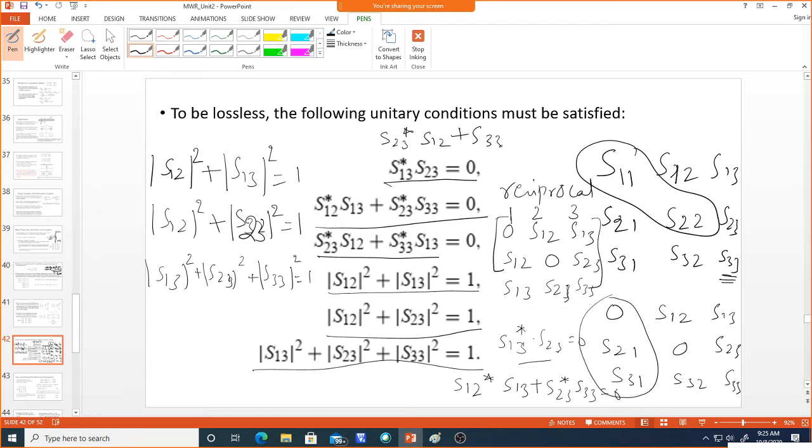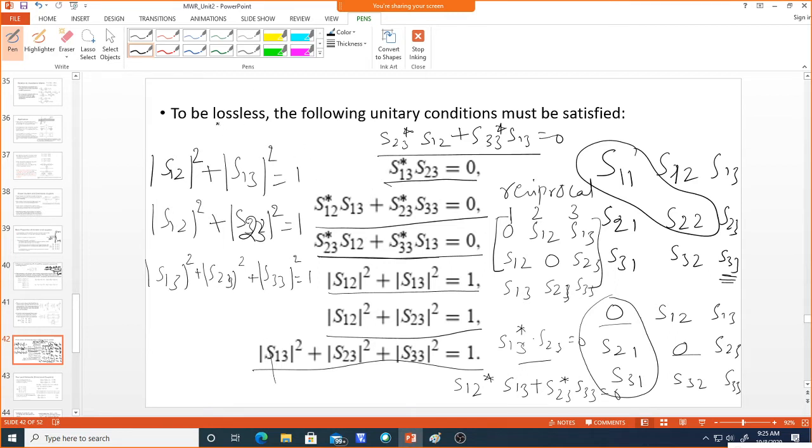This will become equal to 0. So that is this condition. So in order to be lossless, the following unitary condition must be satisfied by applying the reciprocal property. So by taking this S matrix, apply the matched ports which have 0, and apply the reciprocal property, and then you will get the equations for lossless.